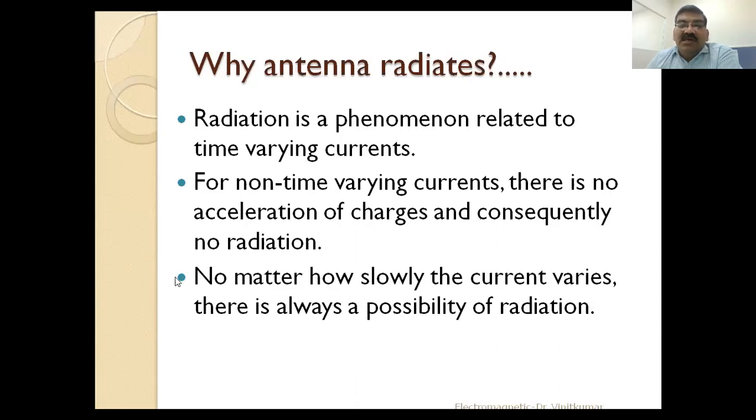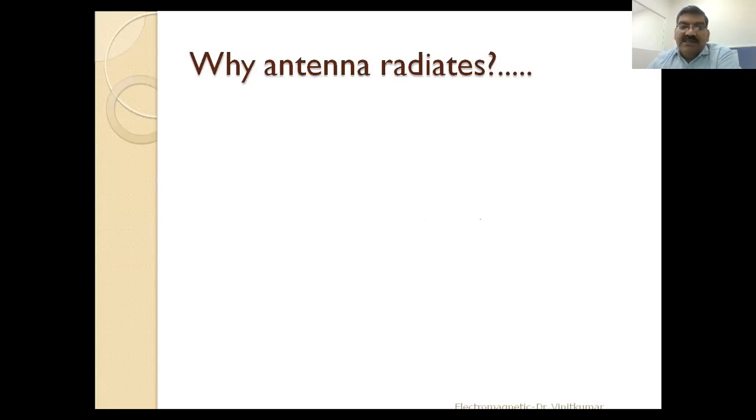Now, no matter how slowly the current varies, there is always a possibility of radiation. Although, if you have a larger variation, meaning a higher frequency, obviously the radiation is more. For lower frequency, it is comparatively less, up to a certain frequency. So if it is time varying, then there is always a possibility of radiation.